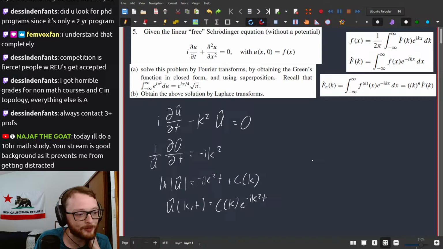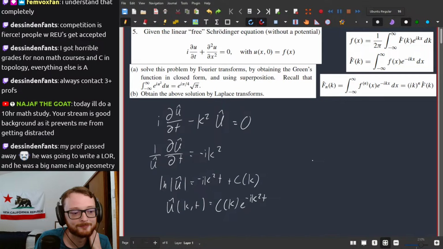Najaf, oh god, good luck. Professor passed away, is going to write a recommendation. This is a beginning in algebraic geometry. Aw, that sucks.